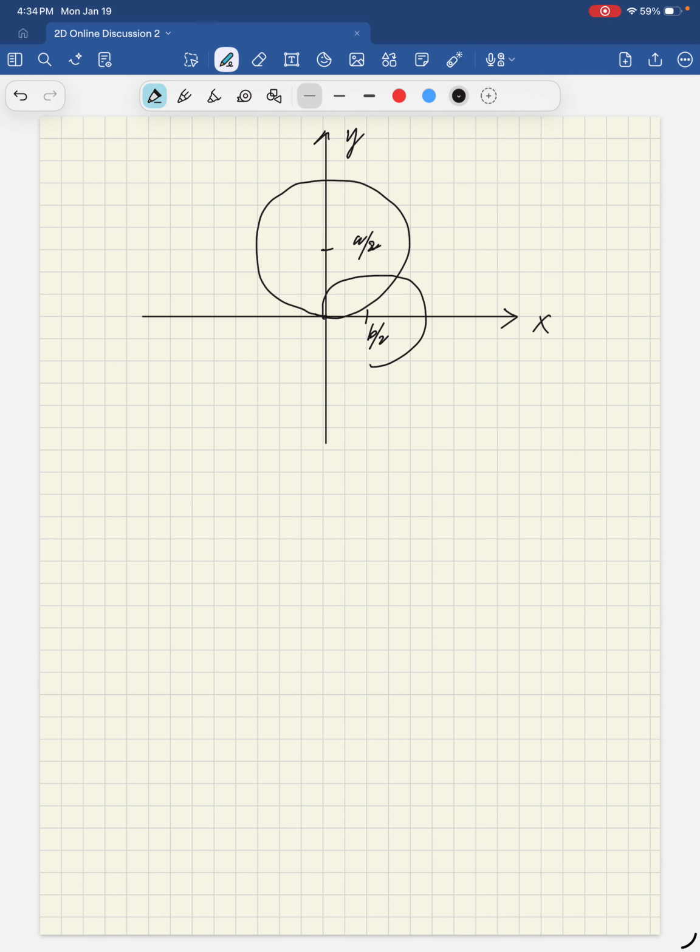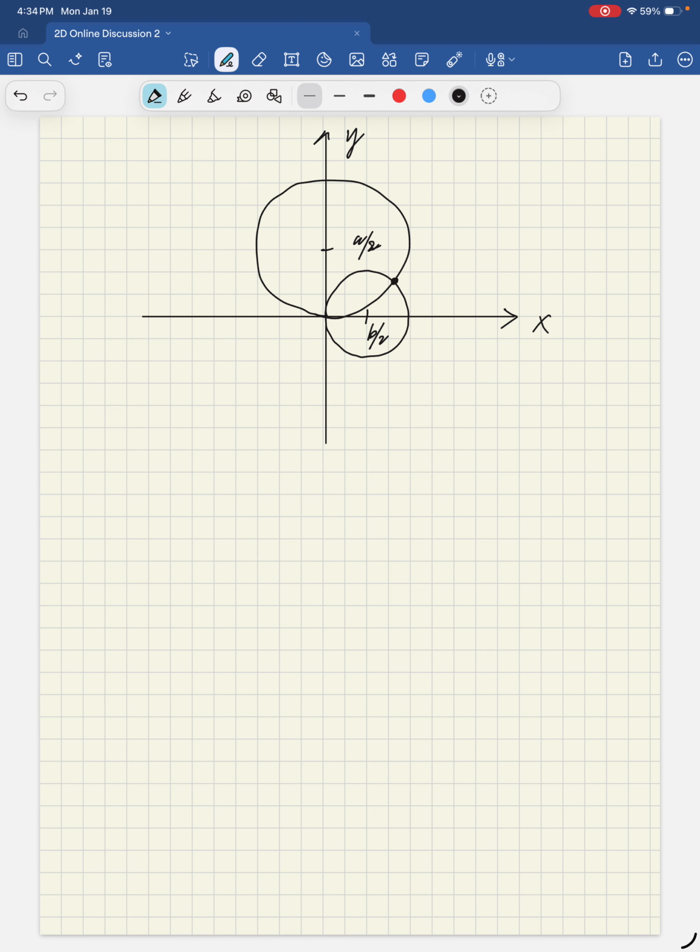So this is going to be this circle. Great. So this is where they intersect. And I want to show that they intersect at right angles. What does that mean?